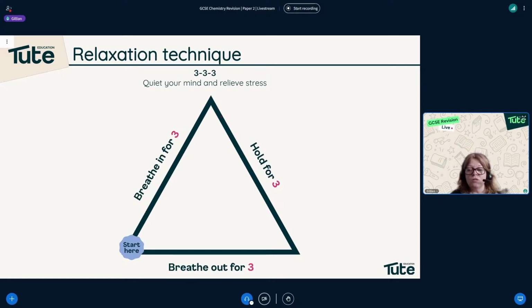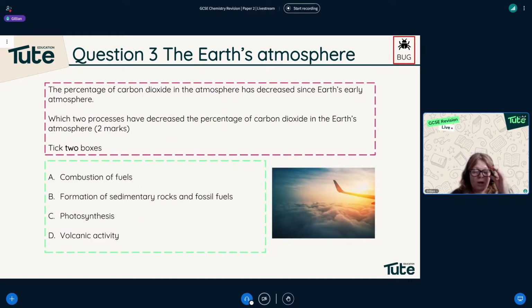We would then hold for 1, 2, 3, and then we will breathe out for 1, 2, 3. So you can do this at any time during the exam. Helps quiet your mind and to relieve any stress. Okay, so let's move on and let's have a look at our final question.